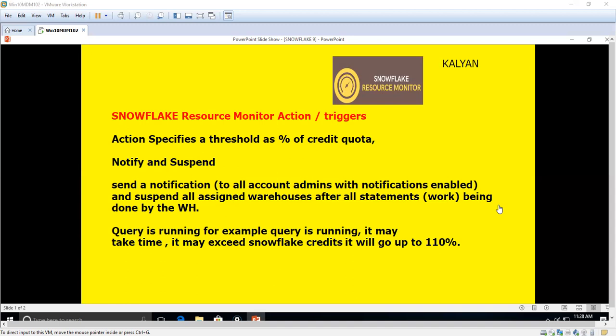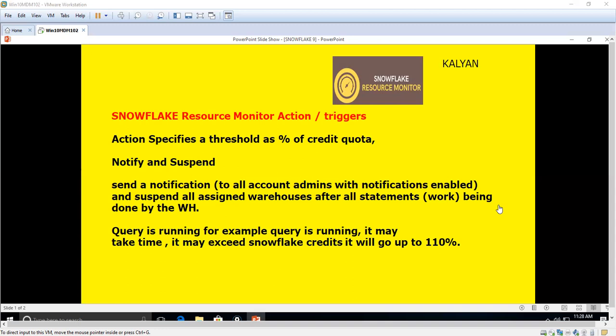There are three actions we can take. The first is notify and suspend. That means sending notifications to the account admins and suspending all assigned warehouses after all statements being executed by the warehouse are done. We might have executed some queries, and it will wait until the queries complete. After that, it will suspend.